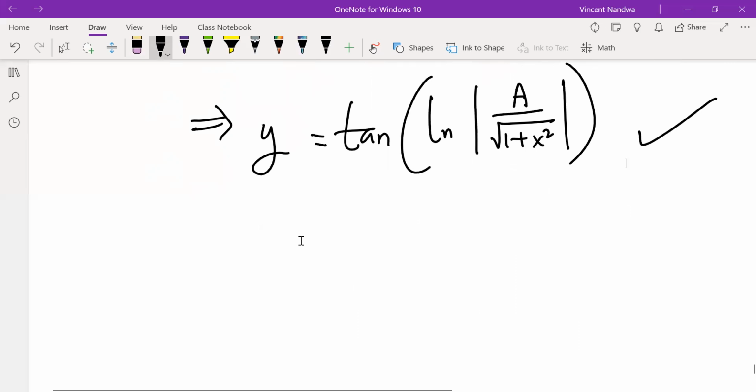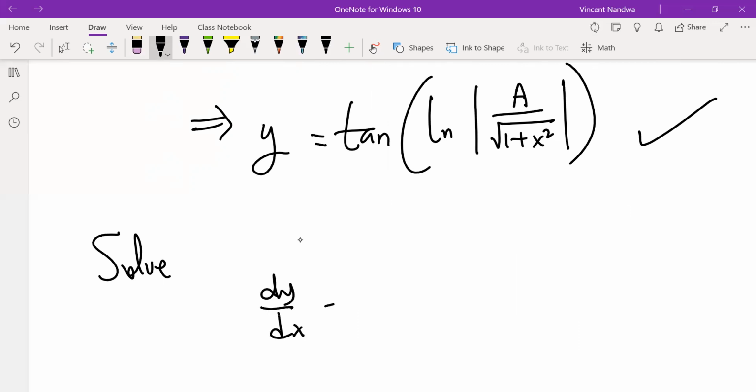And then lastly, solve dy/dx equals 5y over 7x.